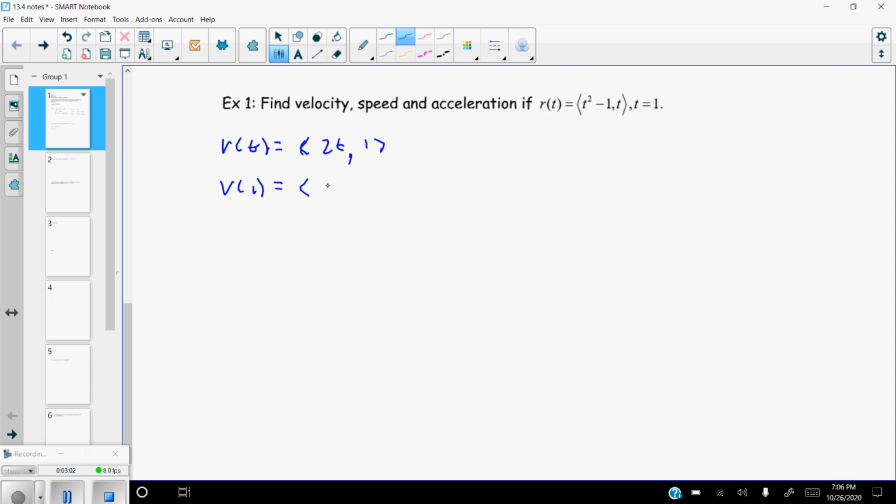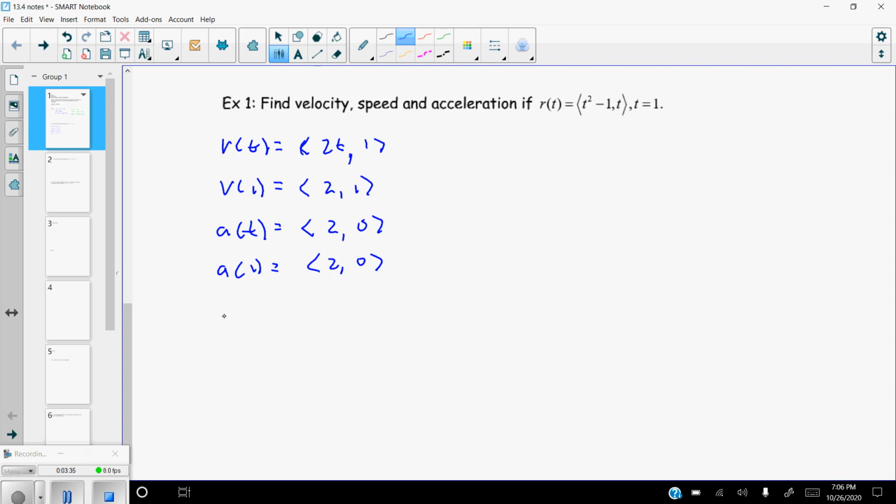So we'll just plug 1 in there and we're going to get 2, 1. Then it does say find speed next, but I'm going to find acceleration next. It doesn't really matter the order there. So the acceleration is going to be the derivative of velocity, which is 2, 0. We want to find the acceleration at time t equals 1, which is also 2, 0. So as you can see, your acceleration is actually not going to change there.